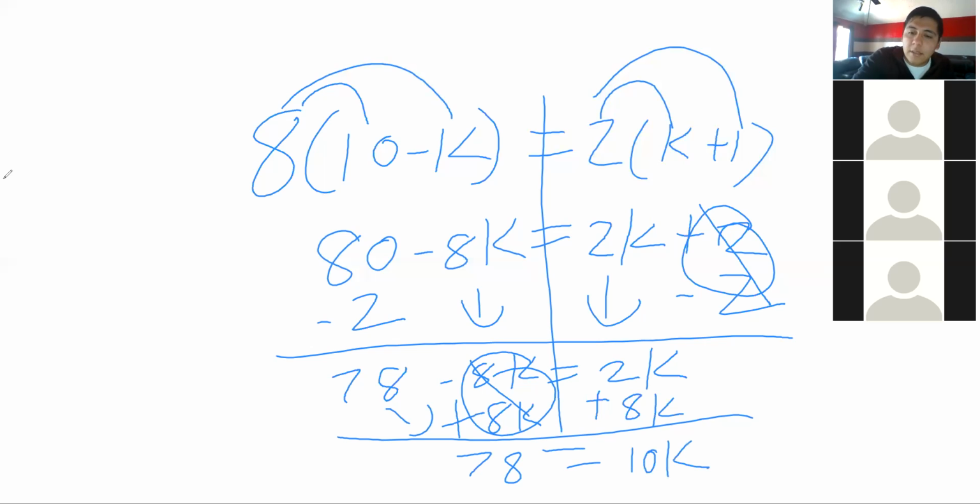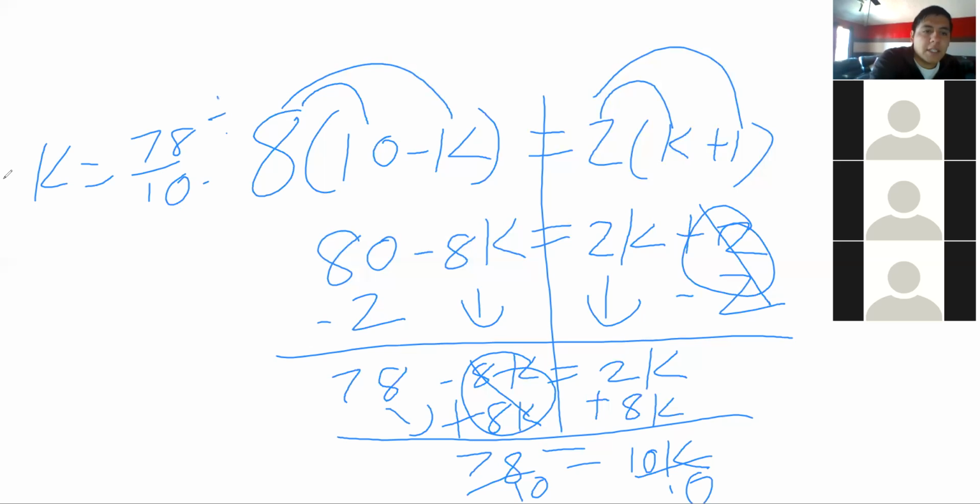All right. So what's our last step? What's almost always our last step? Divide. So 78 divided by 10, so k would be equal to, and I'd prefer to just leave it as a fraction. If it's going to be a decimal, I prefer to leave it as a fraction, right? And we can actually reduce this.